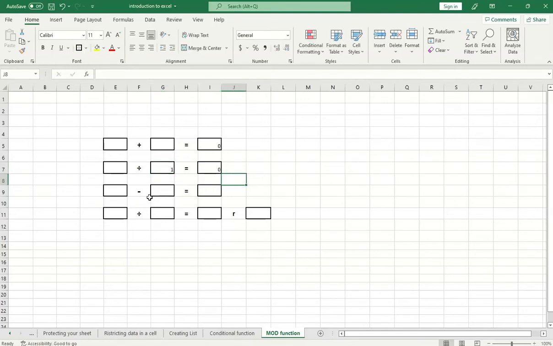Okay, good. So we are saying that this cell should be equal to this cell minus this cell. As soon as we place figures here, it's going to do the math for us.